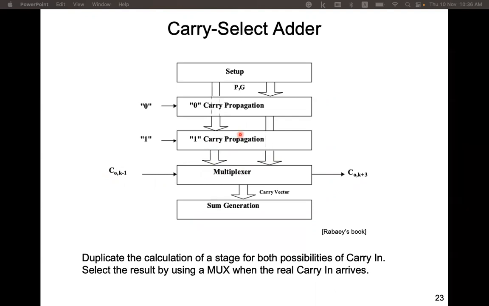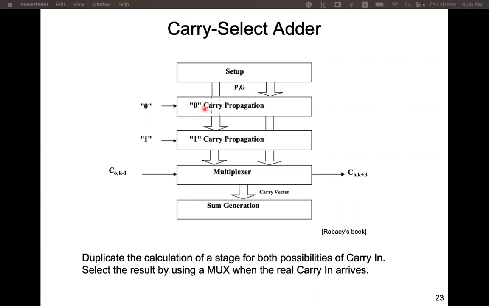This stage contains, for example, 4 bits. First, we need to have a setup stage. We need to generate a P and a G for each bit in this stage. Propagate and generate are functions of A and B only, so they do not need to wait for CI. So this is a setup.